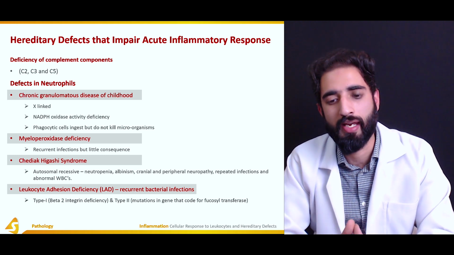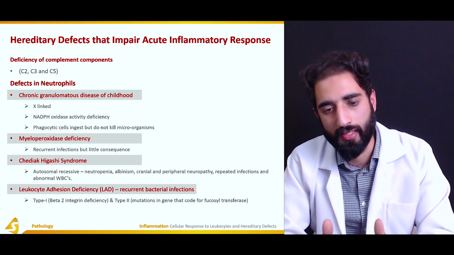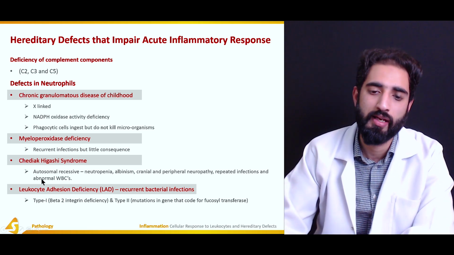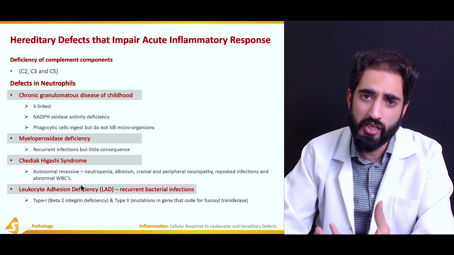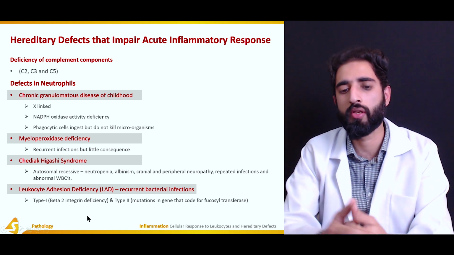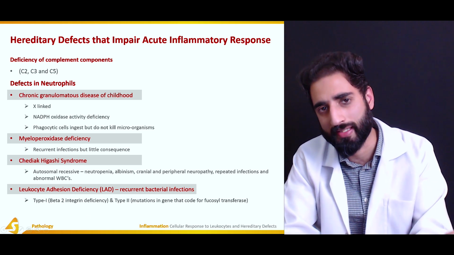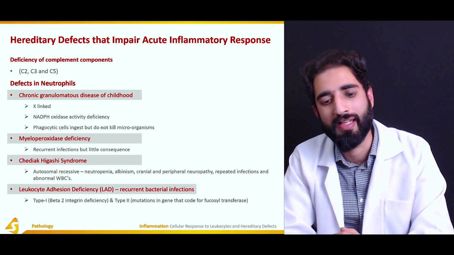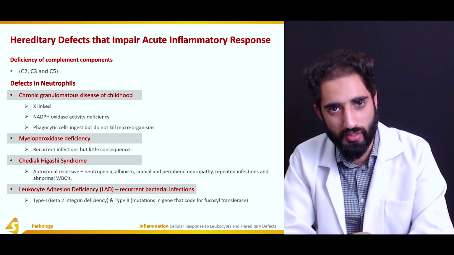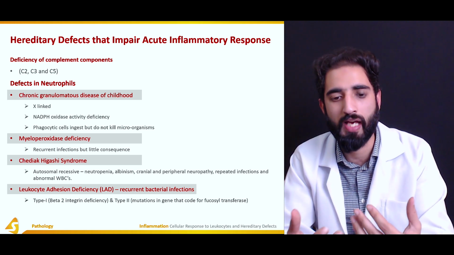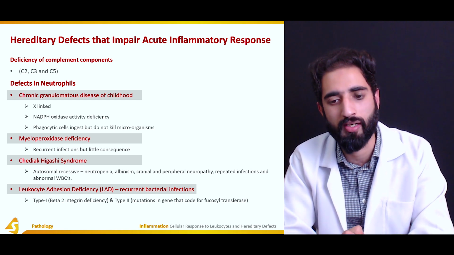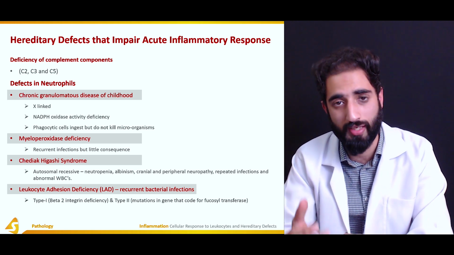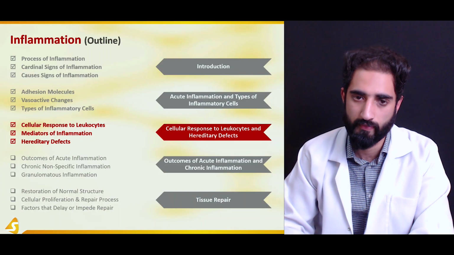In this, there are recurrent bacterial infections, and as you can see here, the problem is in the adhesion molecules. And which adhesion molecules are involved? There is type 1 and type 2. In type 1 leukocyte adhesion deficiency, there is beta-2 integrin deficiency, and in type 2 leukocyte adhesion deficiency, there is a mutation in the gene which codes for fucosyl transferase.